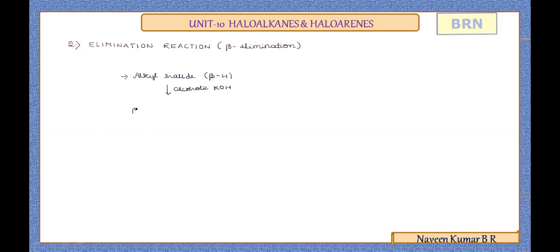That is, the beta hydrogen and the alpha carbon possessing the halogen attached to it, both get eliminated.